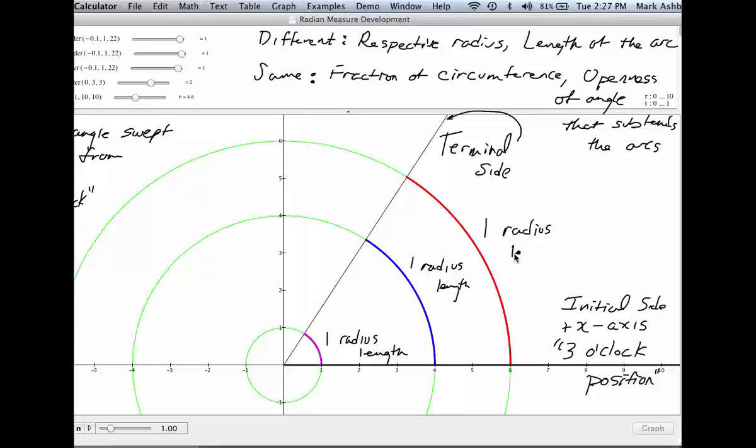So, using radius length as a basis for measuring angles, we call that the amount of openness. We use the same number as radius lengths, and we say that is 1 radian.